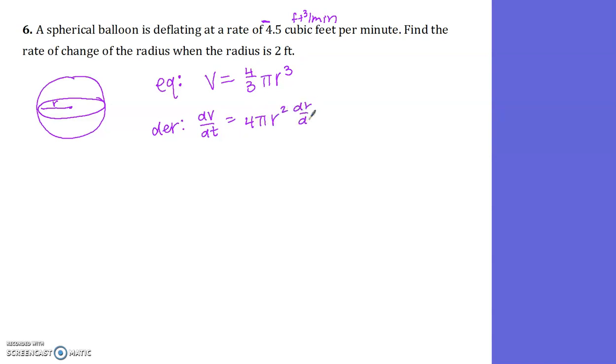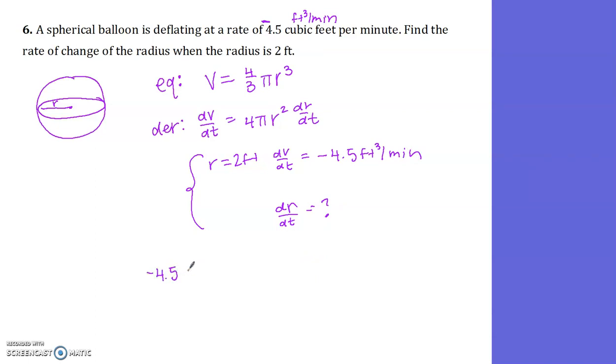So we need to know what the radius is, dV/dt, and dr/dt. The radius is 2 feet. It's deflating, so that would be negative. This is the rate for the volume because it's cubic feet. And we're looking for the rate of change of the radius.